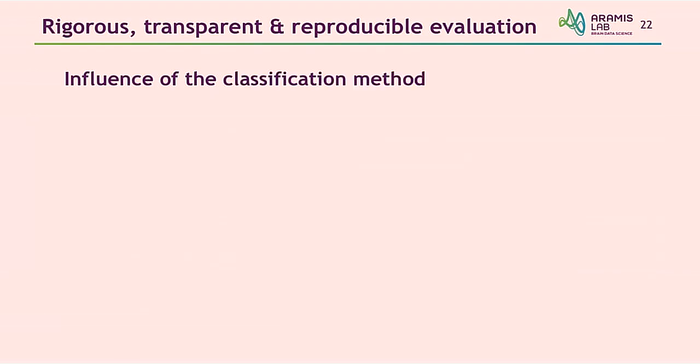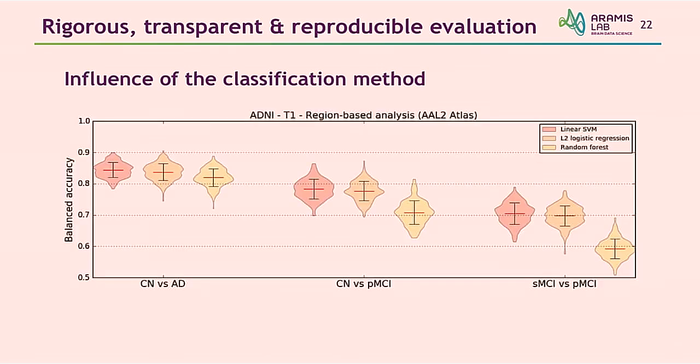Then you might want to know the influence of the classification methods on the results. So here we perform regional-based experiments, using regional features for 3 classifiers. For now, it's just using features extracted from T1 MR images.